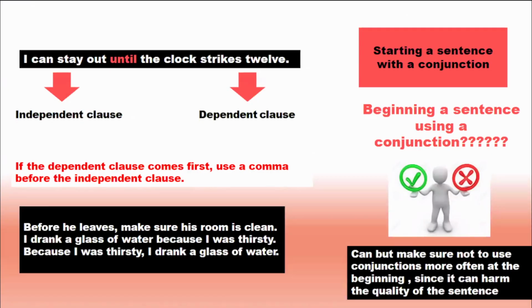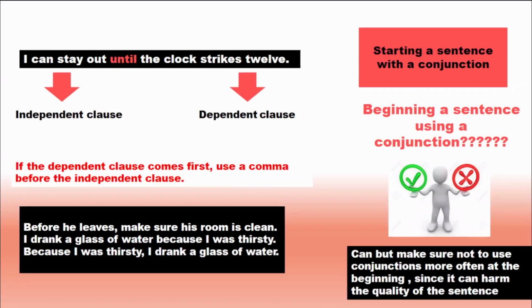It has a verb and a subject. So you can clearly understand that I can stay out is a full sentence, which is an independent clause. If we take only the piece The clock strikes 12, we have no idea what is being talked about. So it makes a complex sentence using the conjunction until. I can stay out until the clock strikes 12.